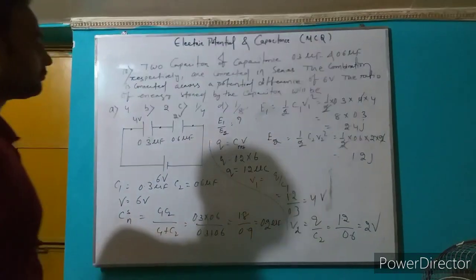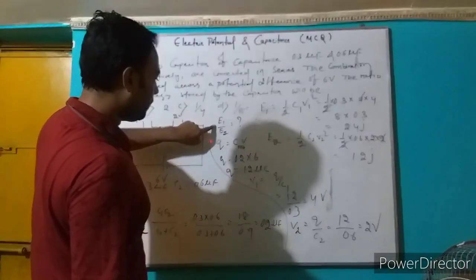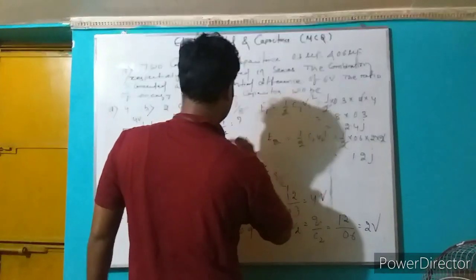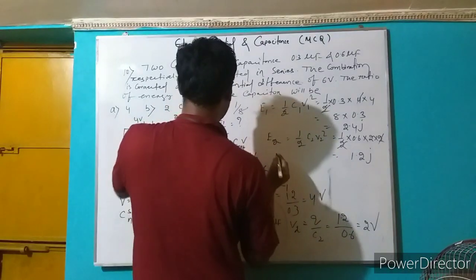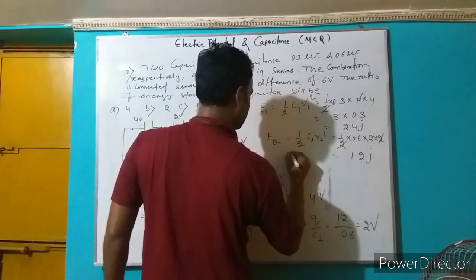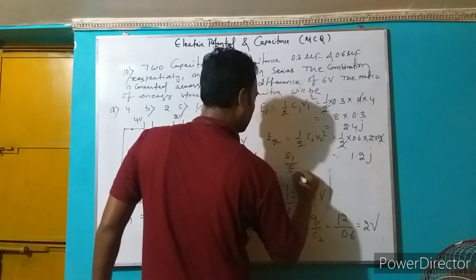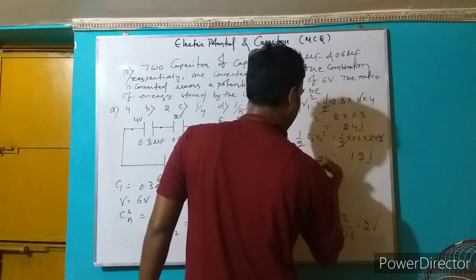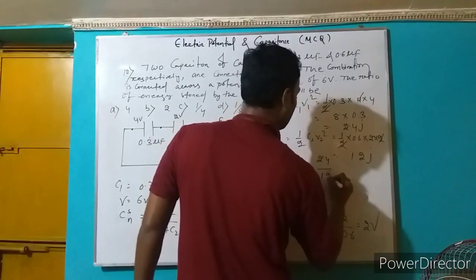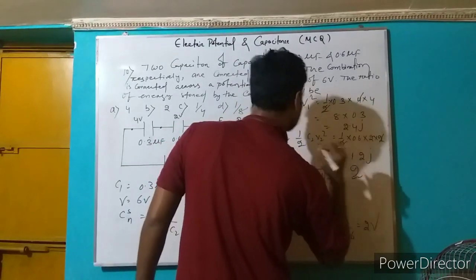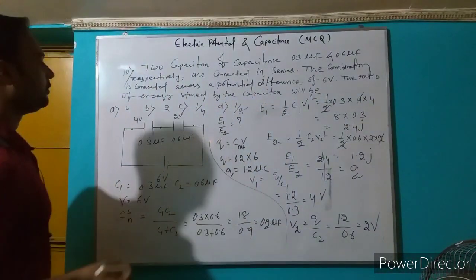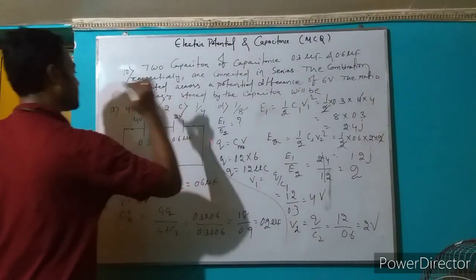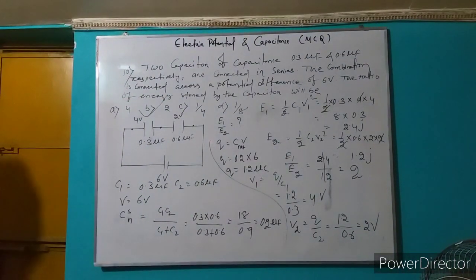Now we find the ratio of the energy stored in the two capacitors, E1 by E2. E1 is 2.4 and E2 is 1.2, so their ratio is 2. So option B is the correct answer.